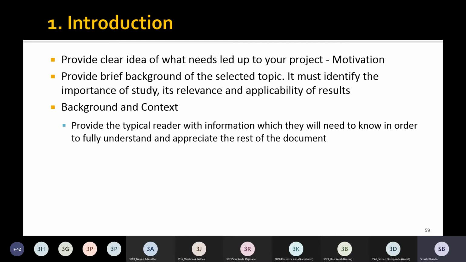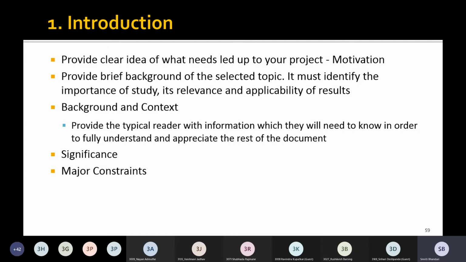So we may have a subsection under this chapter, and that is the background and context, wherein typically we provide the information that is required for the reader to understand the rest of the document. We also provide the significance of the topic, the need of the topic, how this project is relevant with respect to the problem statement.